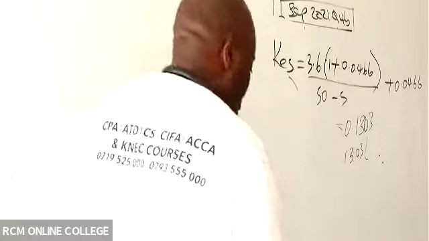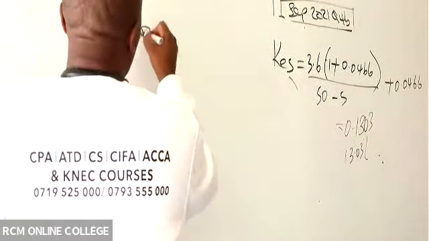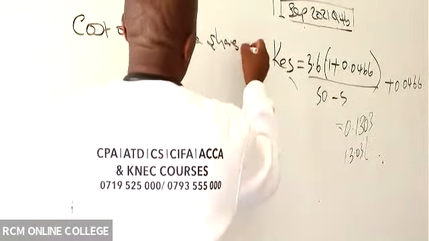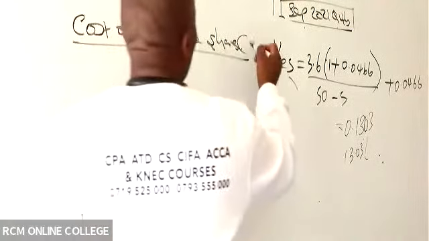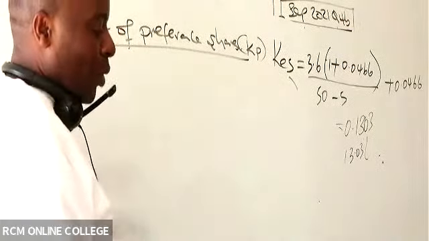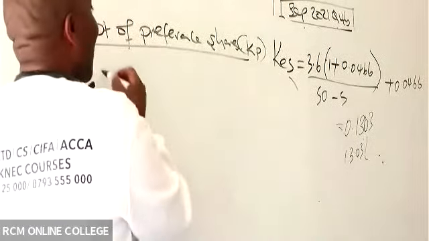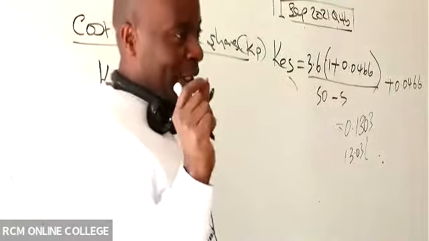And then now we go to cost of preference shares, KP. I love KP a lot because preference dividends don't have a growth rate.